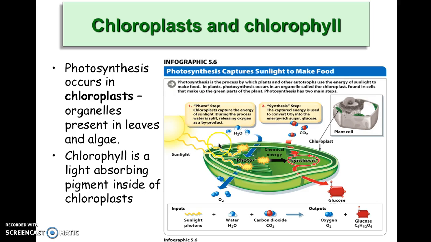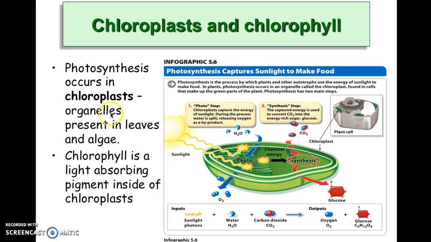So a chloroplast, an organelle, has two membranes. The inner membrane is folded into stacks called thylakoids. The animation that you're going to see from the Amoeba Sisters will step through this in a little bit more detail. Here it shows that there is the photo step where chlorophyll pigments absorb wavelengths of light.